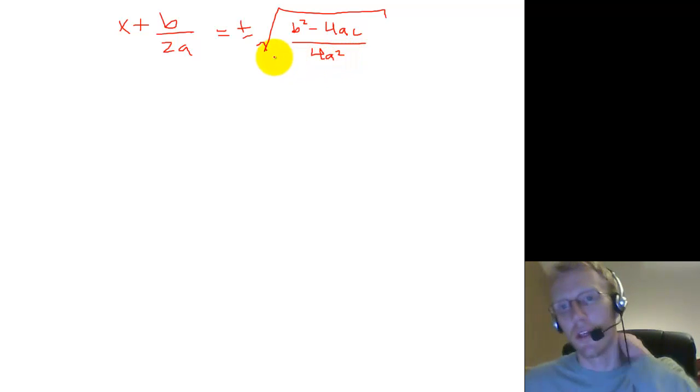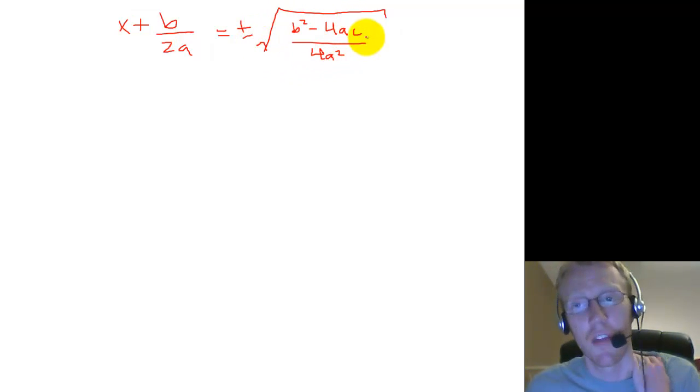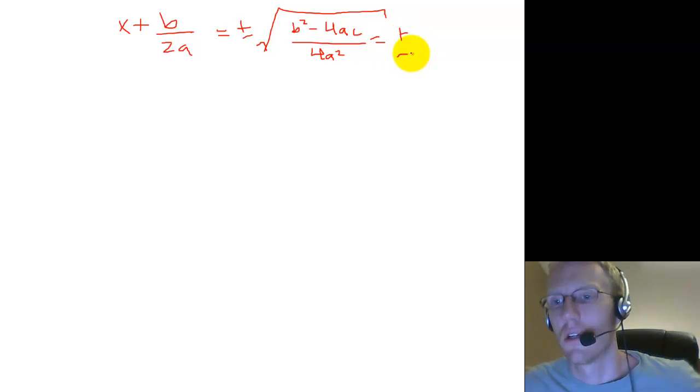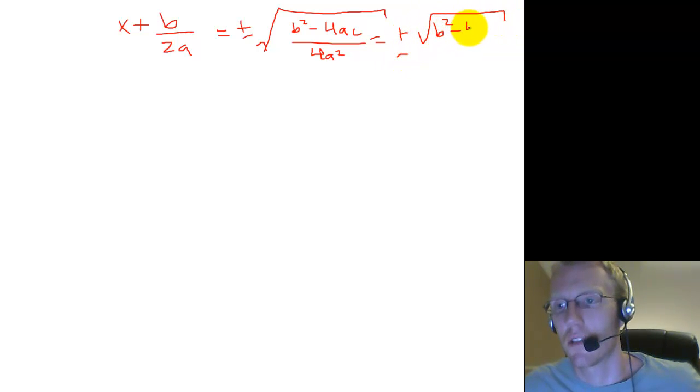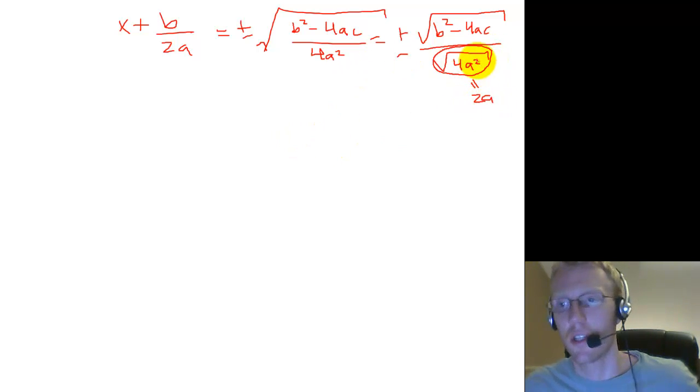Okay, so we learned that if you have the square root of a fraction, that's equal to the square root of the numerator, which is b squared minus 4ac, divided by the square root of the denominator. Well, the square root of 4a squared is a perfect square, so this part right here just simplifies to being 2a. Okay, so that's kind of convenient.